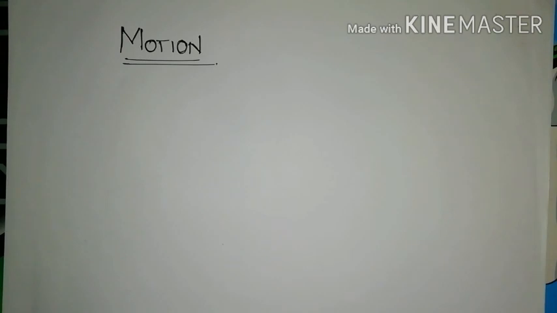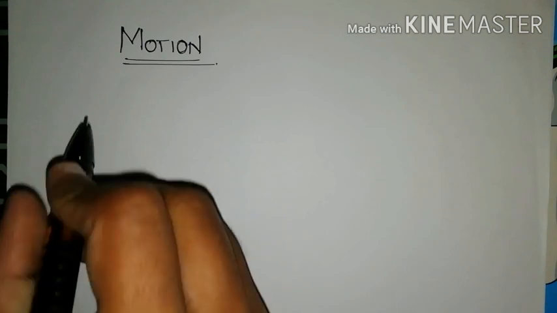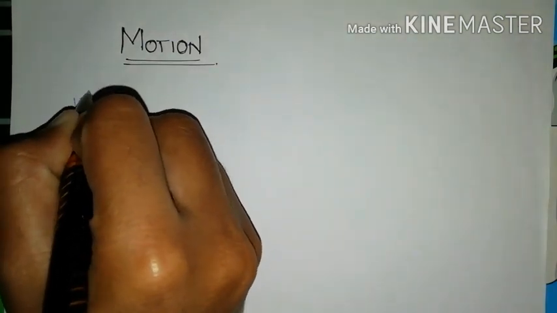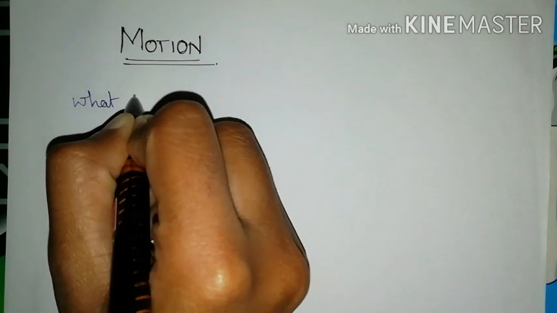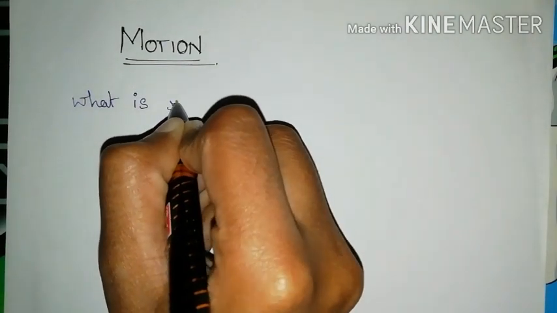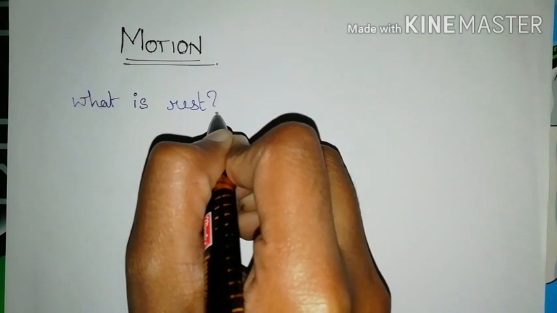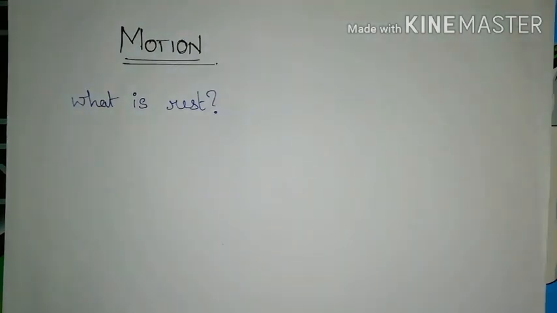Alright. So now let's first understand what is rest. The very first condition that is important for us to understand motion is known as rest. Whenever we hear the word motion, we usually associate it with movement. That means when bodies or objects move or change their places, we say that they are moving or they are in motion.